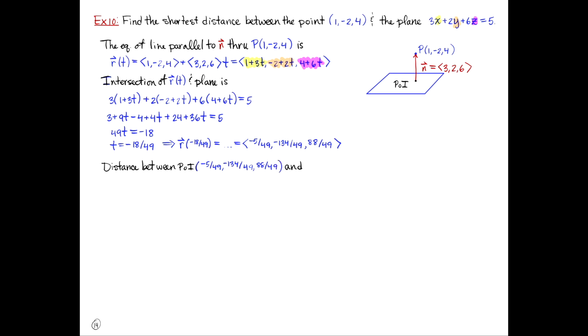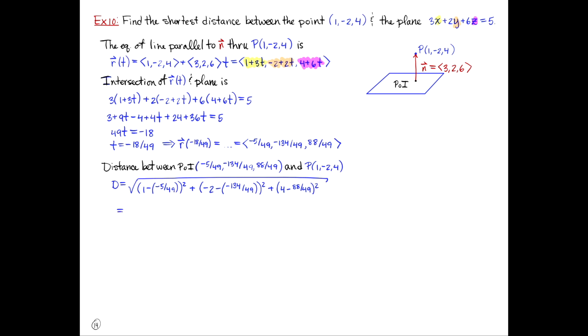And our given point P. Subbing those into our distance formula, we get that our distance is equal to 1 minus negative 5 over 49 quantity squared plus negative 2 minus negative 134 over 49 quantity squared plus 4 minus 88 over 49 quantity squared.